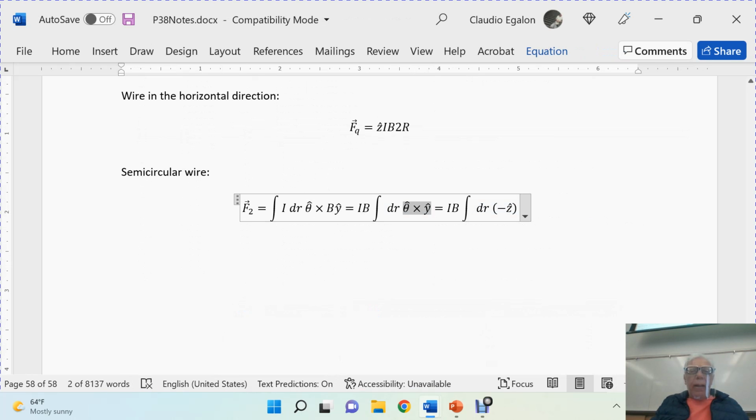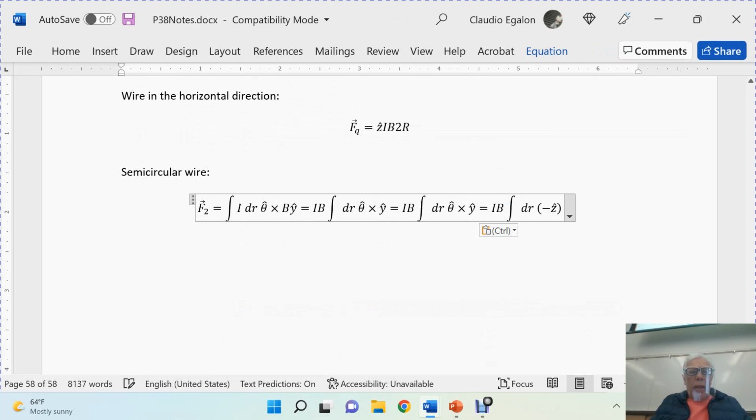Magnitude of theta. Let's write that down. Magnitude of y, and then that should be sine of theta. And you should integrate from 0 to pi.